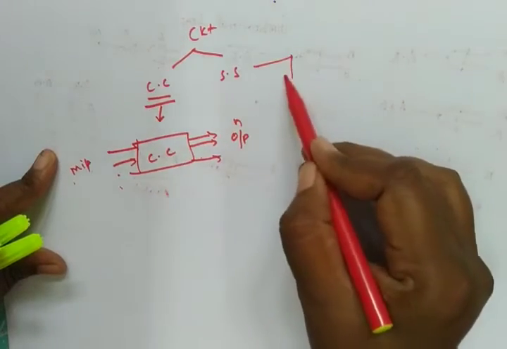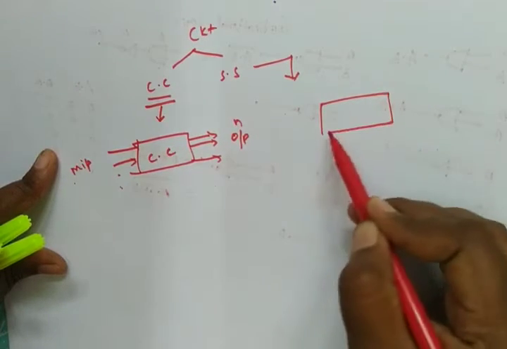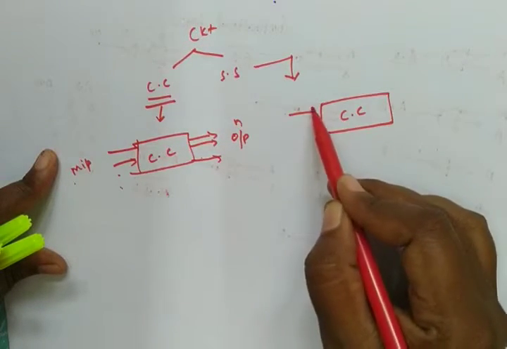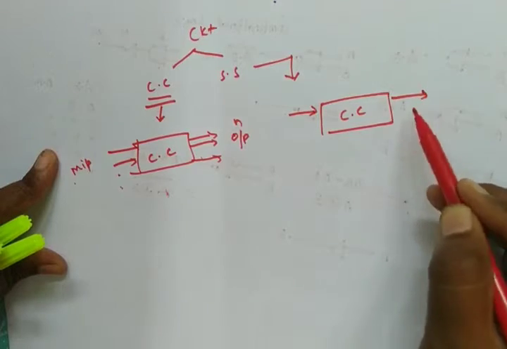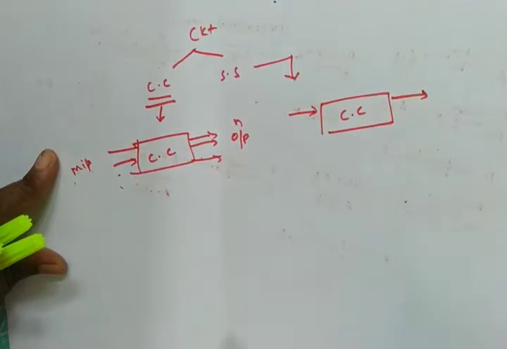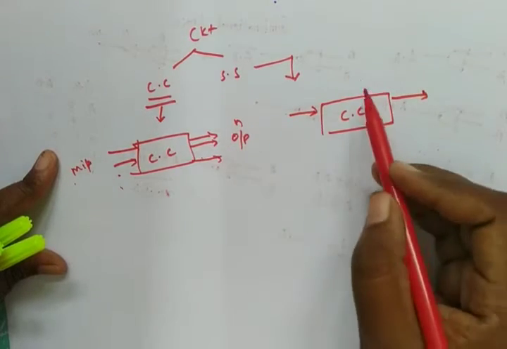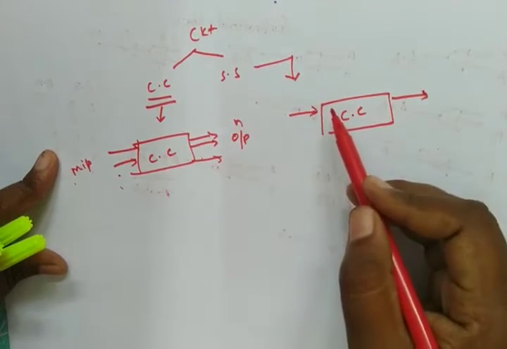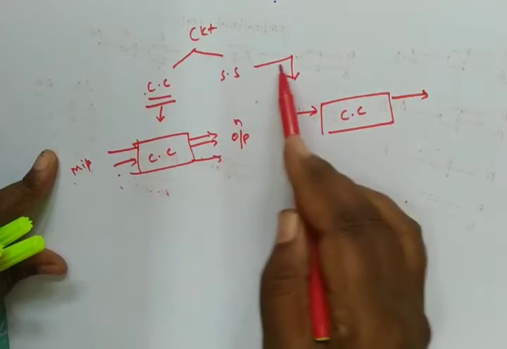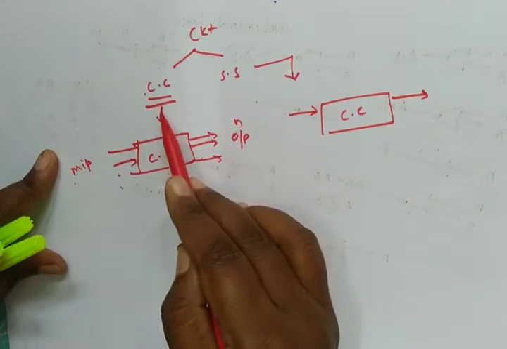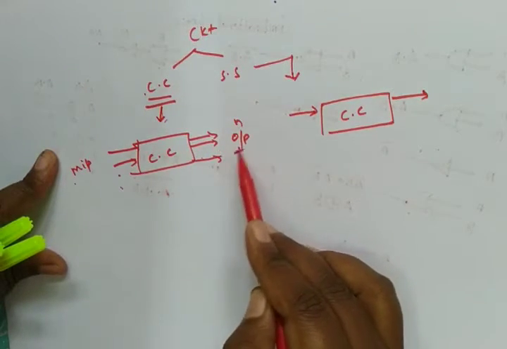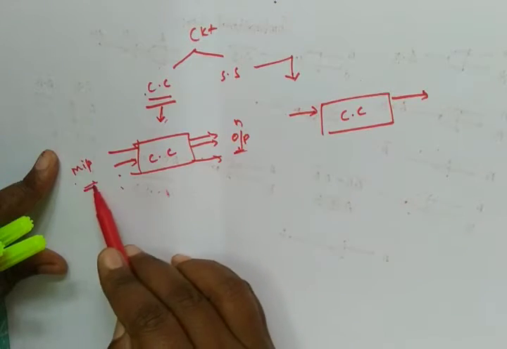Then what is meant by a sequential circuit? In a sequential circuit, the output depends not only on the present input, but it also depends on the past history. So that is called a sequential circuit. So the circuit is classified into combinational and sequential. Combinational circuit means the output depends on the present input alone.